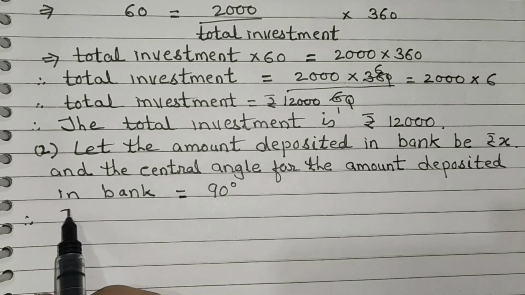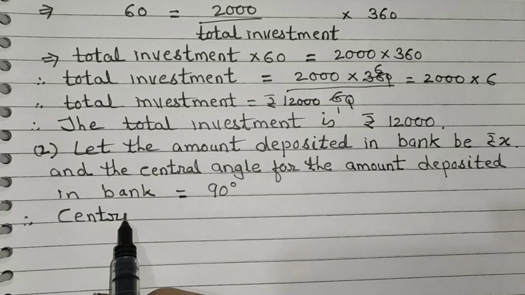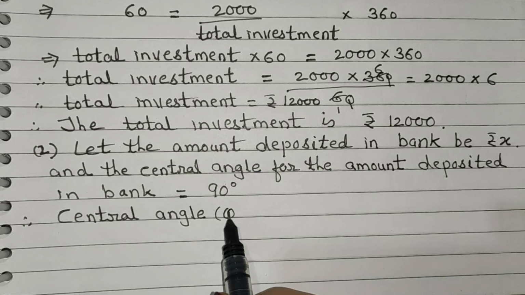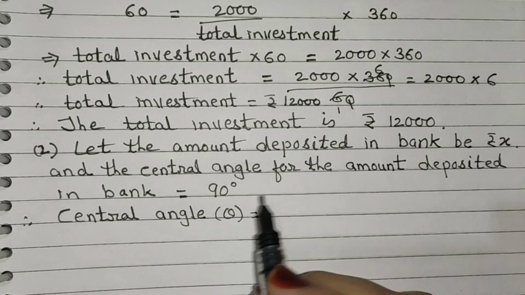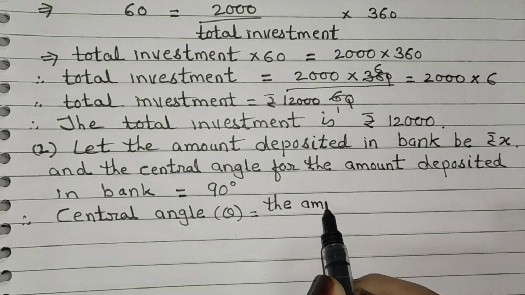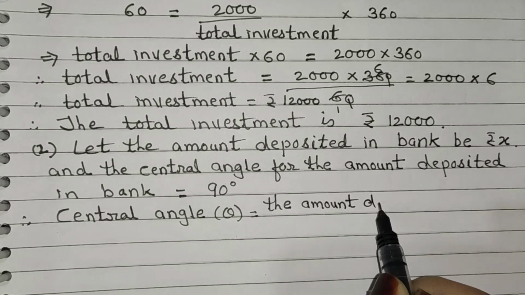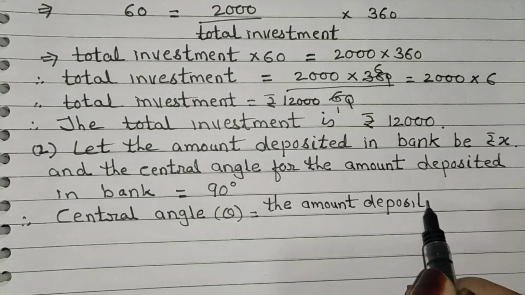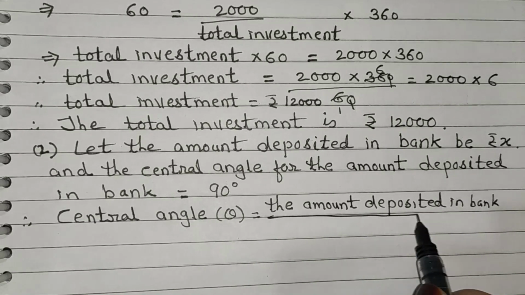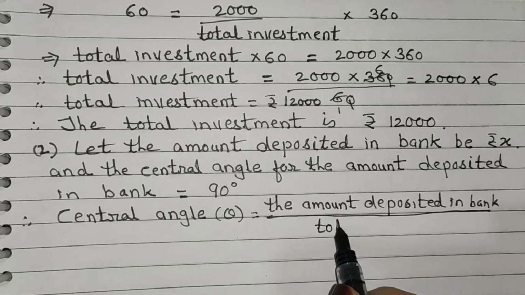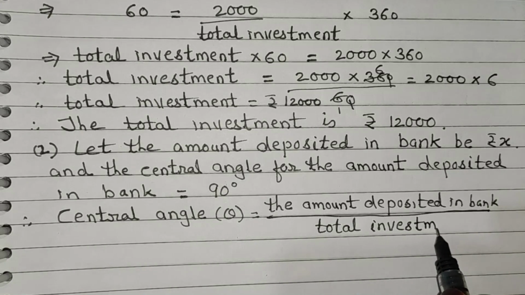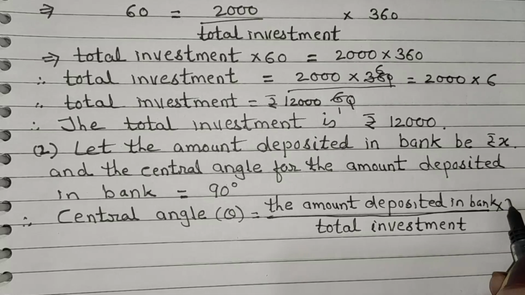Now we know the formula, central angle means theta. Central angle for the amount deposited in bank is equal to the amount deposited in bank upon total investment into 360.